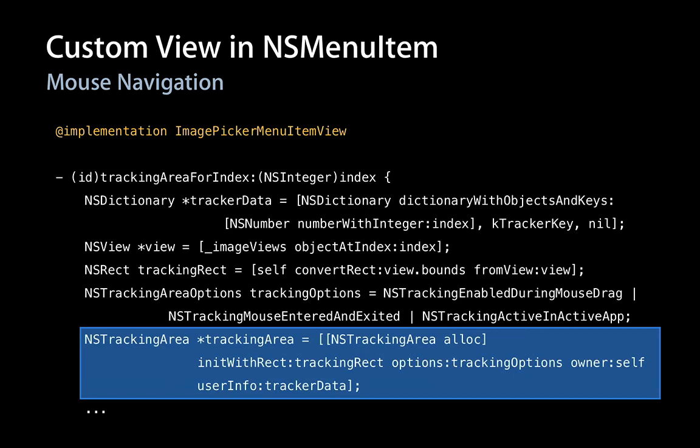The options that we figured out up above, and real important, make the owner self so that your custom view receives the mouse entered and mouse exited events. And then that dictionary that we created at the beginning as the user info, and this will allow us to associate the view, the spinner, and the URL that's all associated with this tracking area.